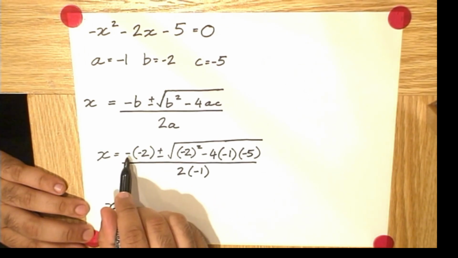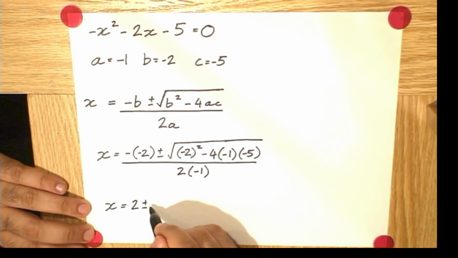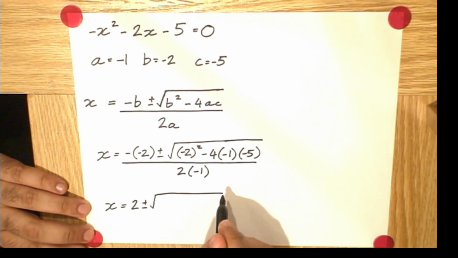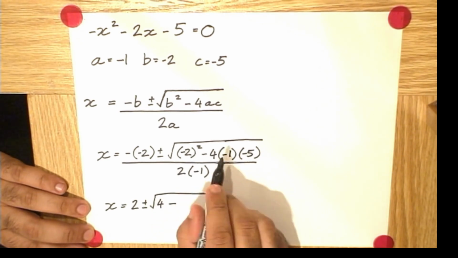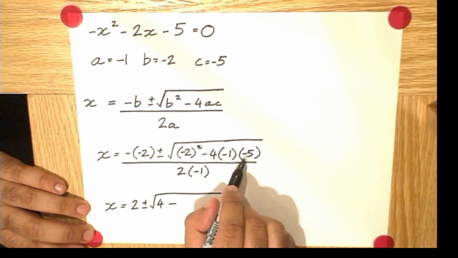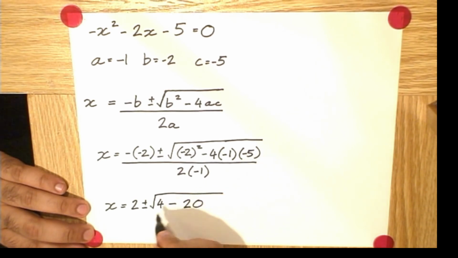And now let's start simplifying just as we did before. X equals -2 becomes +2, plus or minus the square root of -2 squared becomes 4, minus 4 times -1 times -5 gives us 20, all divided by 2 times -1 is -2.